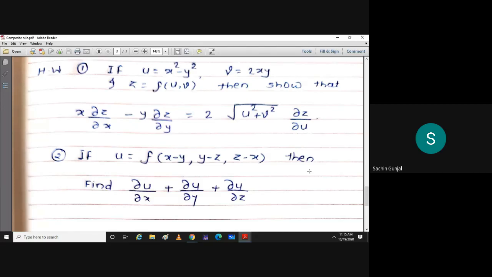And then you apply the chain rule to find ∂w/∂x, ∂w/∂y, and ∂w/∂z. And there will be 3 equations. You add them, the answer will be 0 because there is a minus sign in rotation. Got it? Yes, sir. Okay, fine.